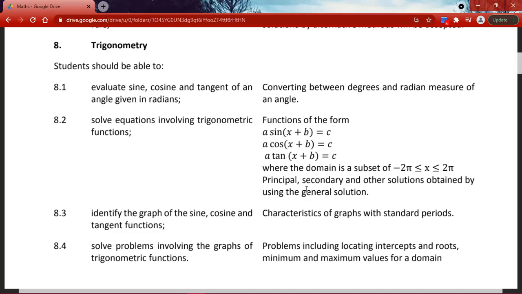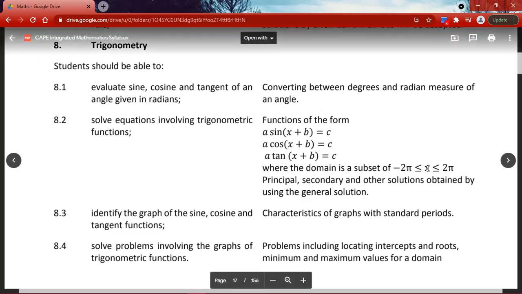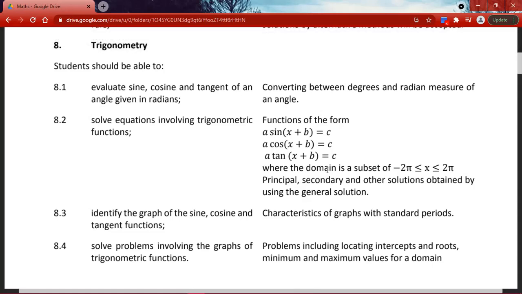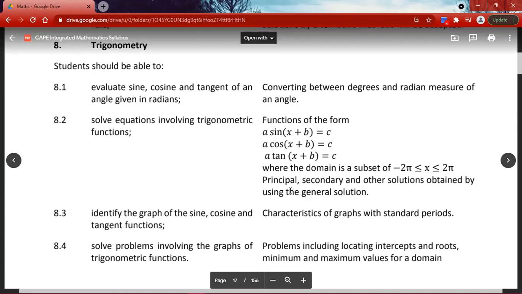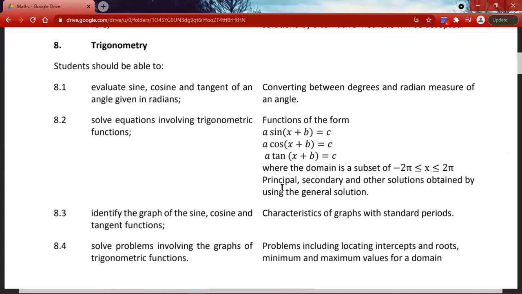So you can look at that video, where the domain is a subset of x being greater than or equal to negative 2 pi, less than or equal to 2 pi. You're dealing with functions of this form, and you're required to find principal, secondary, and other solutions by using the general solution. Notice that word, general solution.